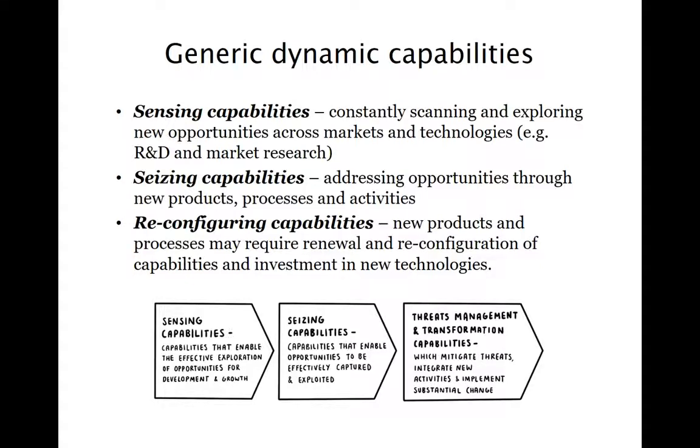Investments into new factories, investments into new product development units, investments into new firms. Sensing, seizing, and reconfiguring. These are the three core processes within dynamic capabilities, three main dimensions of dynamic capabilities.